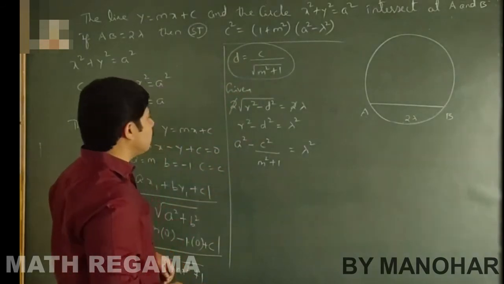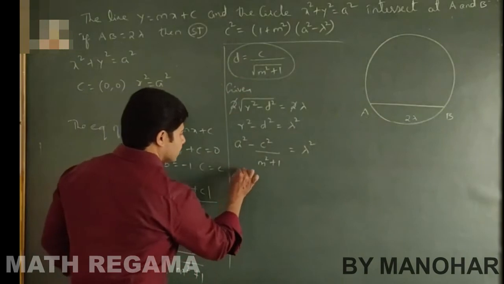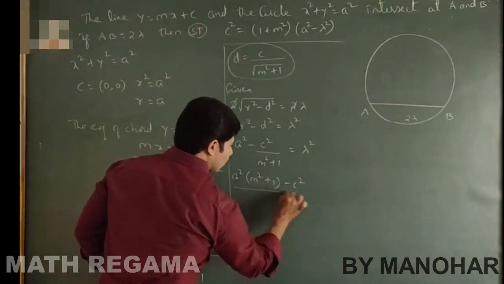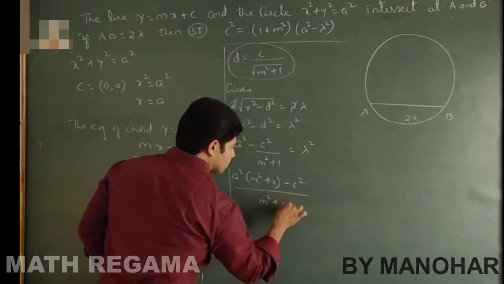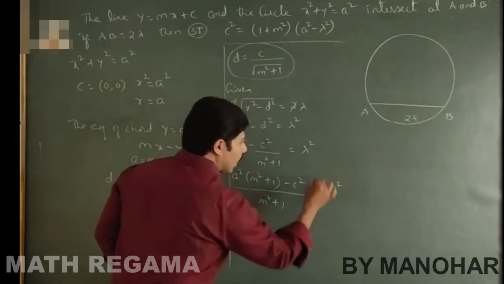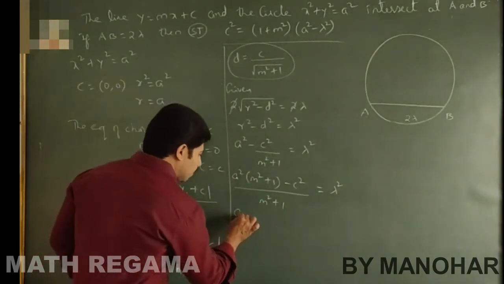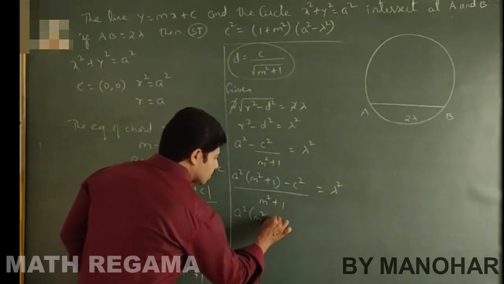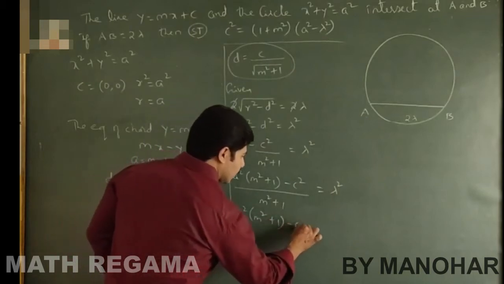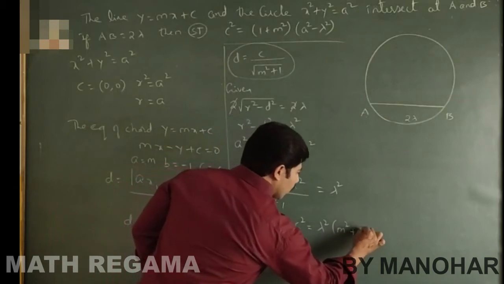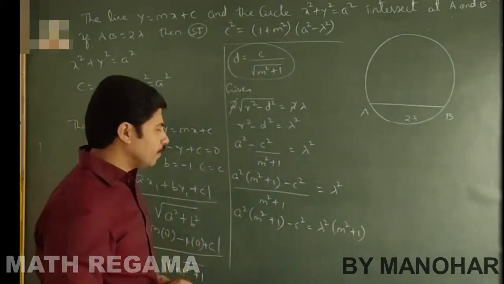Now what we will do is simplify this. a square into m square plus 1 minus c square by m square plus 1 is equal to lambda square. Here we took LCM. Now cross multiply the denominator. a square into m square plus 1 minus c square is equal to lambda square into m square plus 1.